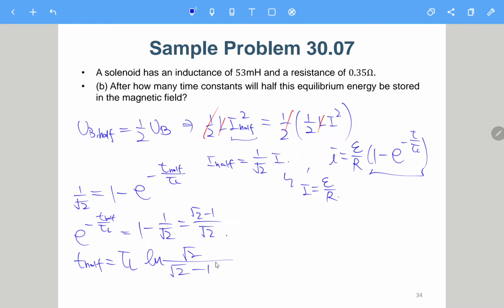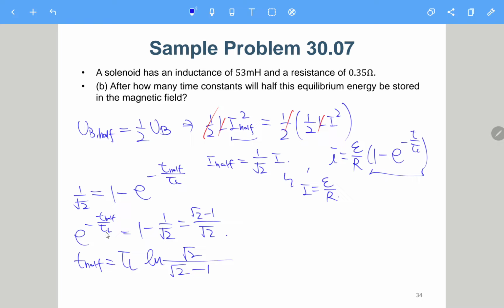If I jump too fast, we can take the reciprocal. So this is the exponential to a positive exponent, and we have the reciprocal, square root of 2 over square root of 2 minus 1. Then we take the natural log on both sides, so the natural log and e cancel each other. The left side becomes t_half over tau_L, and the right side is the natural log of this term.